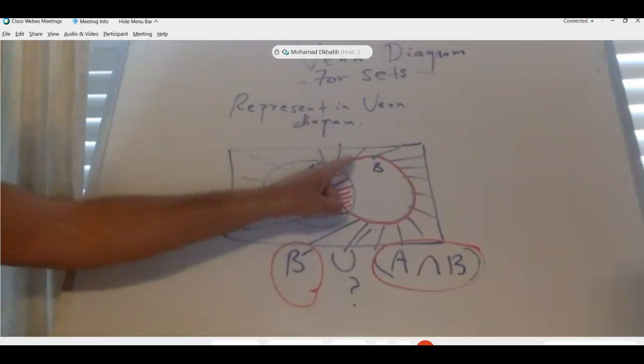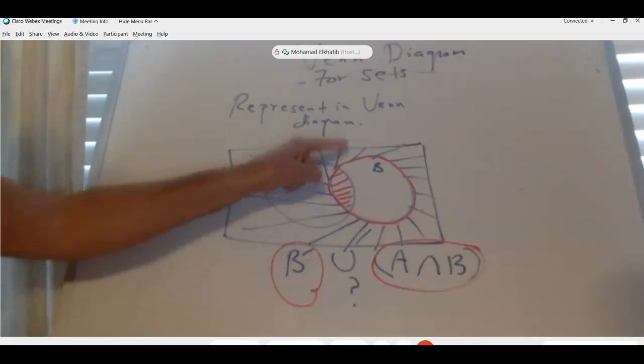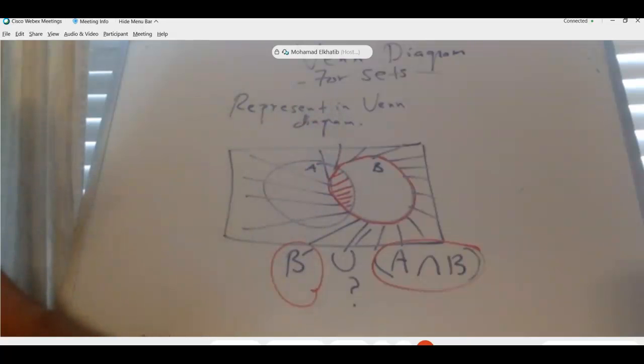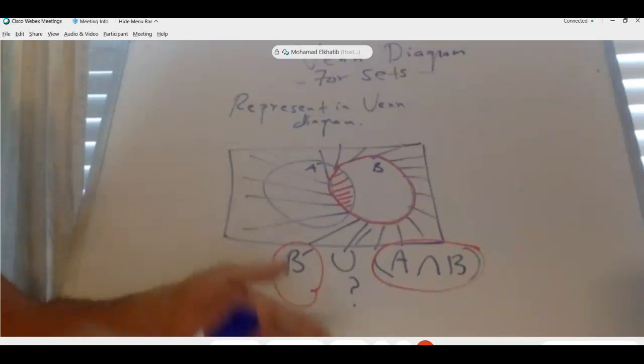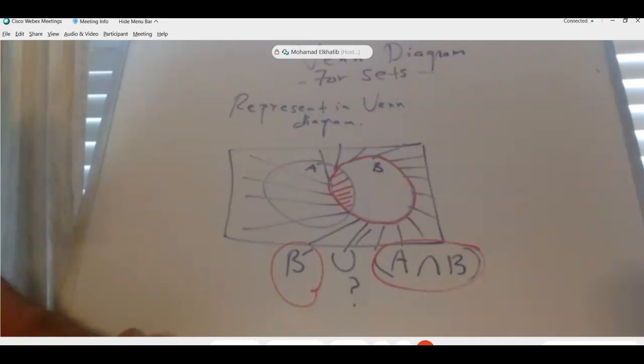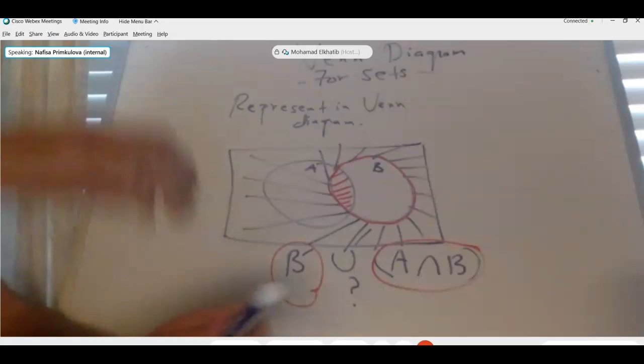All of it is a solution except this white part of B. That's not an answer, because remember, union means you put all of them together. Right? That's what union is. Okay, does that answer your question? Yes, but did you draw a diagram where there wasn't a solution? Okay. All right, that's easy.